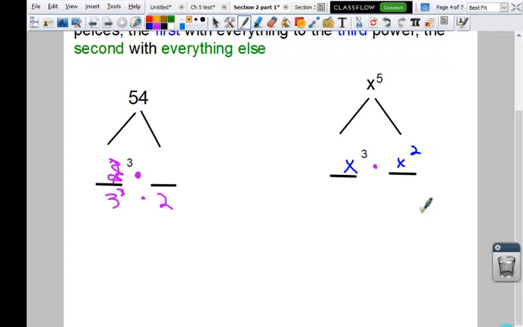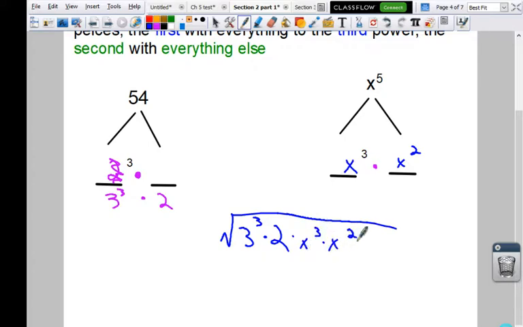So I'm going to rewrite my problem now. Instead of 54, I'm going to go 3 to the 3rd times 2. It still equals 54, but it's easier to simplify. And instead of x to the 5th, I'm going to go times x to the 3rd times x squared.